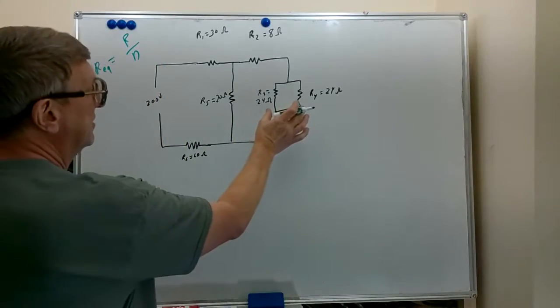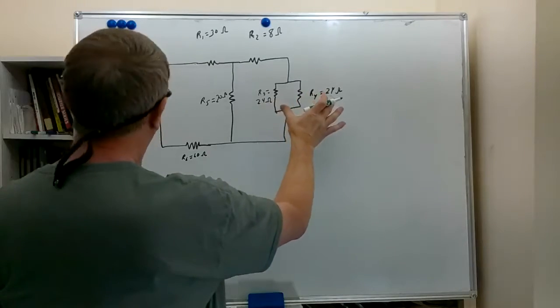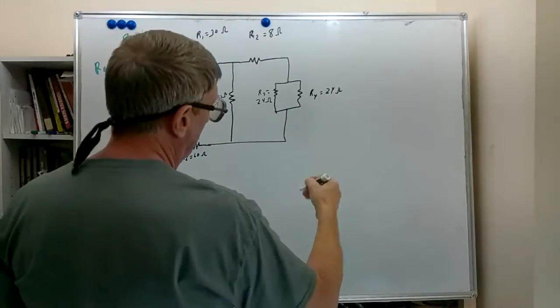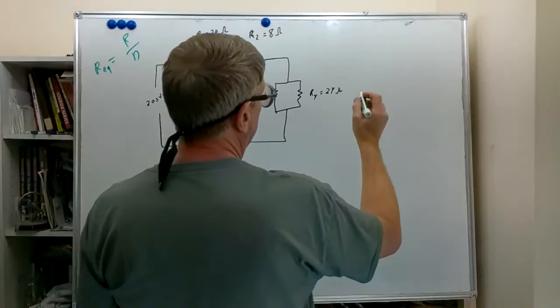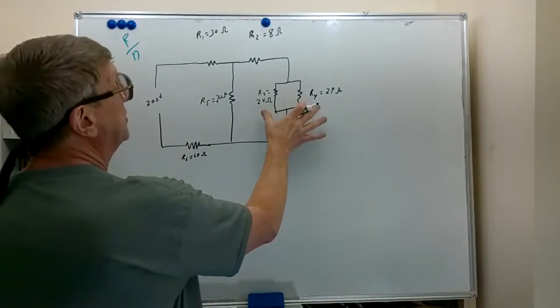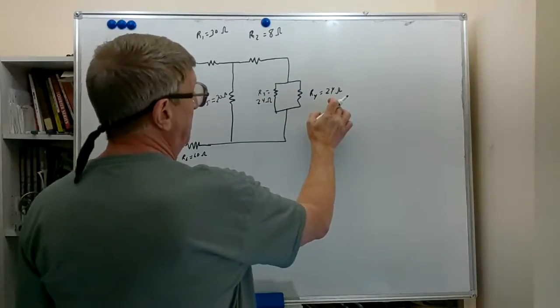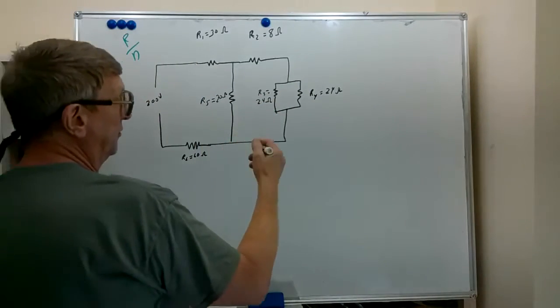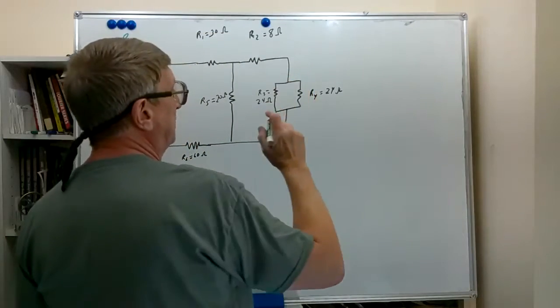So we have here 2 branches, 2 equal value resistors. So R equivalent is going to be 24 ohms divided by 2, which will be 12 ohms. So we can replace this with a 12 ohm resistor.